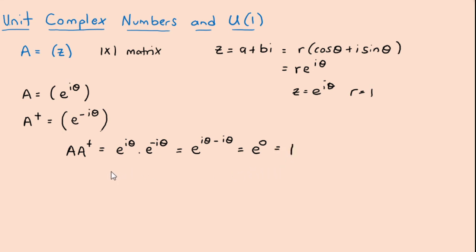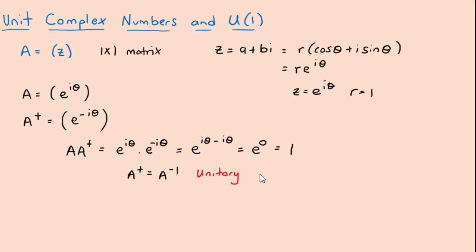That must mean if A times A dagger is 1, that has to mean that A dagger is the same as the A inverse. And from the last video, you'll remember that this makes this a unitary matrix. Okay, it's a unitary matrix because the conjugate transpose is the same thing as the inverse.